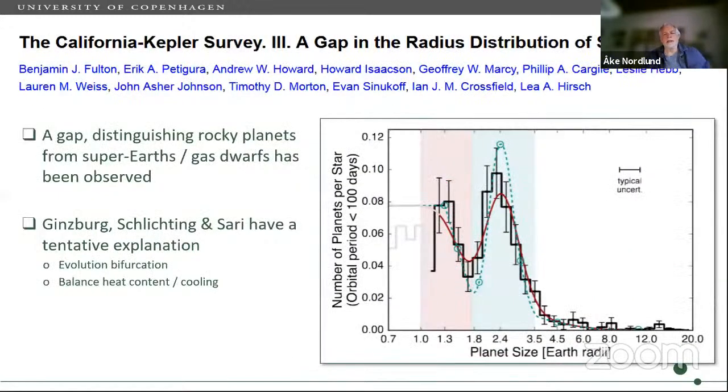And it's indirectly confirmed by observations, because there is a famous discovery of a so-called valley between rocky planets and super Earths. The pink part is rocky planets, and the blue part is super Earths and mini Neptunes.